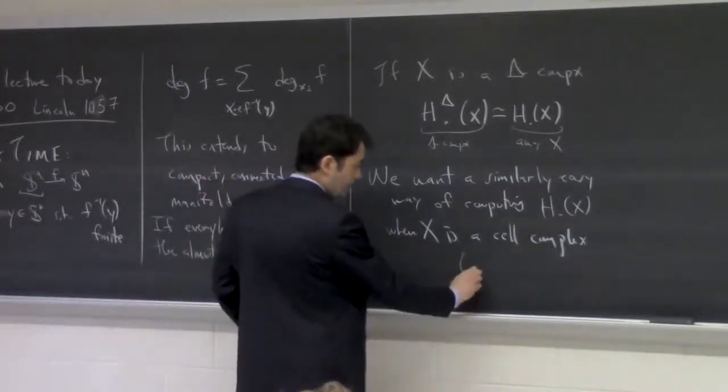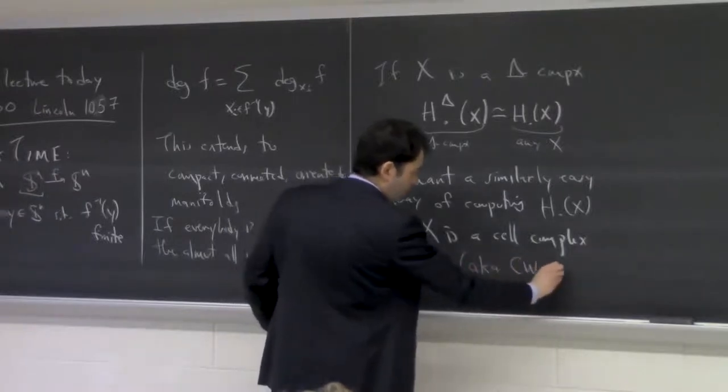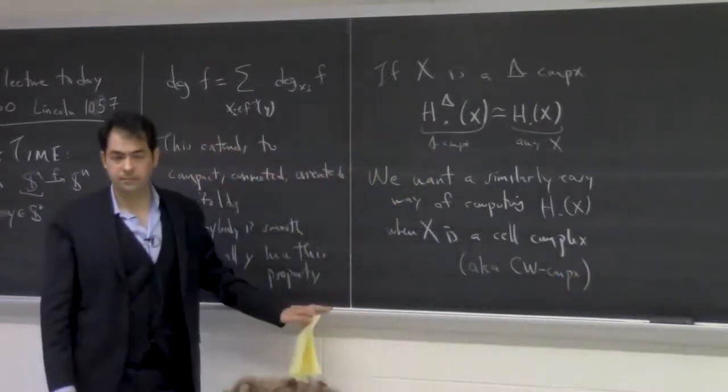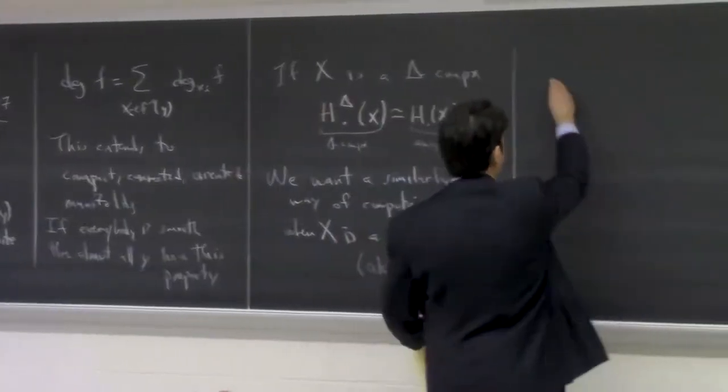So remember that cell complexes are also known as CW complexes. So we're going to define a chain complex.